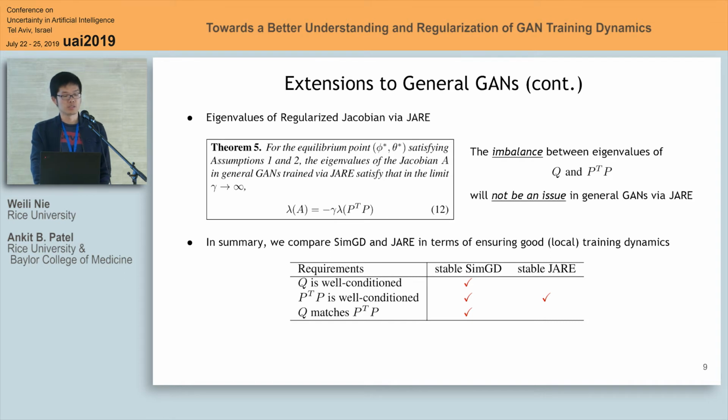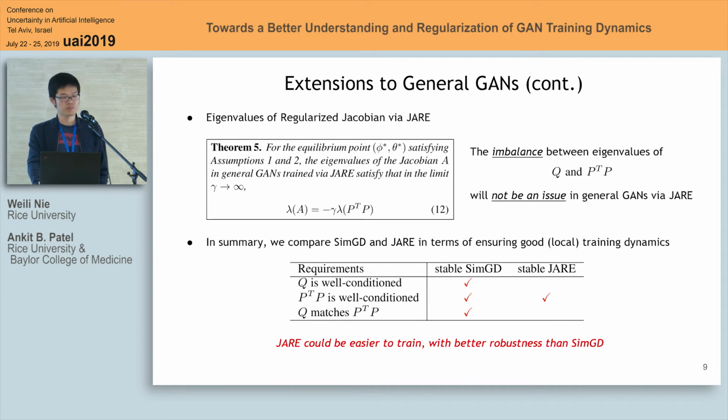So in summary, this table shows the requirements for both SIMGD and JRAR in terms of ensuring good local training dynamics. We found that for stable SIMGD, it requires Q to be well conditioned, P transpose P to be well conditioned, and also Q should match P transpose P. But for stable JRAR, we only require P transpose P to be well conditioned.